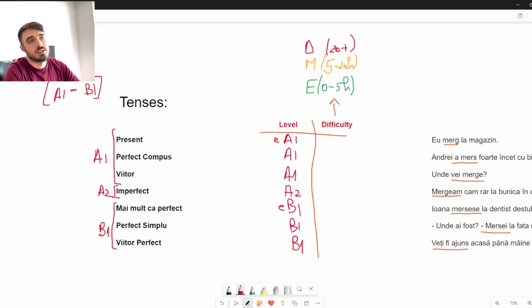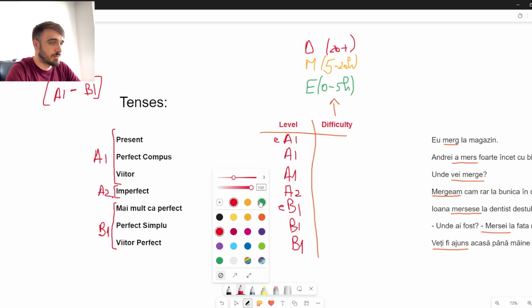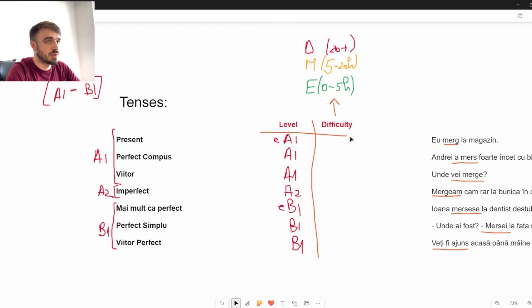So what this means is not only understanding what it means and how to build it, it's also practice. And practice obviously is influenced by how well you know it already. So based on that, present: you should probably spend a lot of time learning it because it's such an important topic.